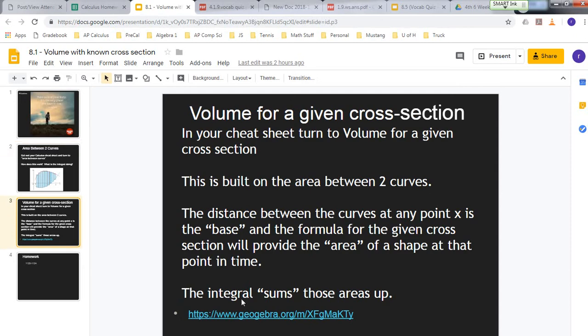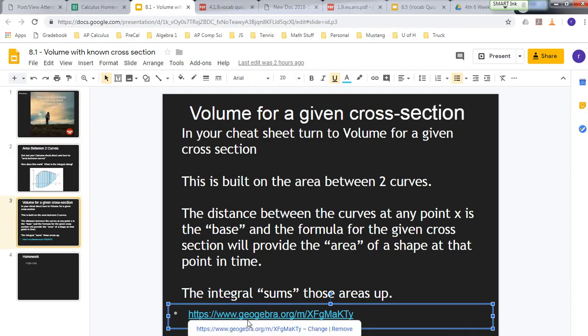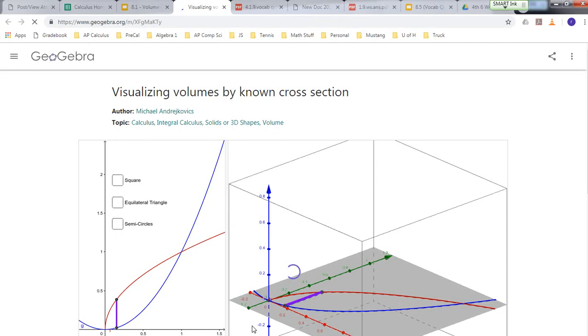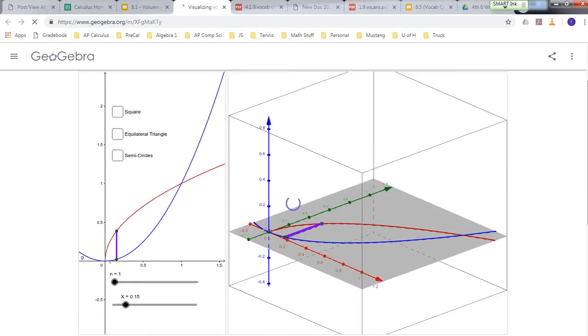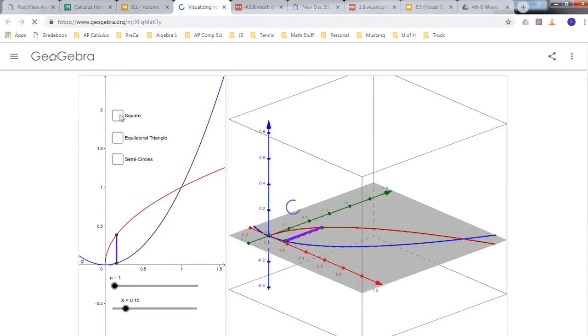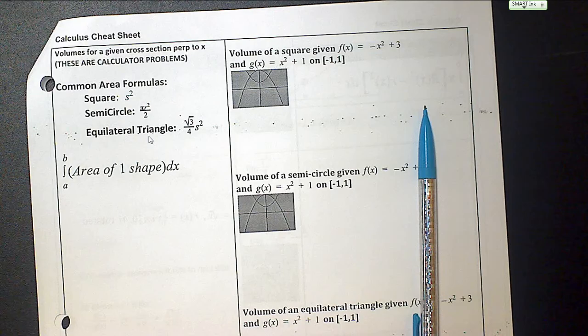Let me go through this one first with you. This is kind of a visual of what it is we're about to do. It might help you visualize a little better than what I've been saying, if it'll load. Internet's been so slow today. While that's waiting to load, let's work on this.